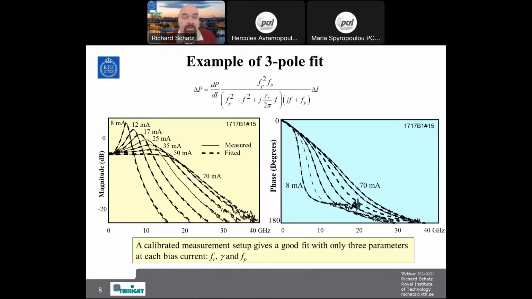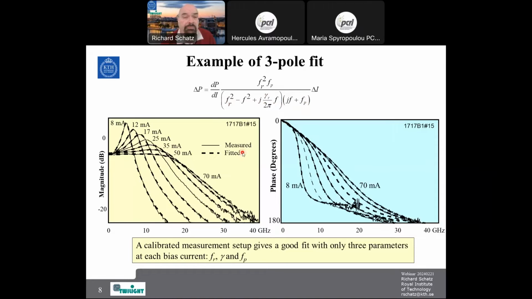And you see that if you have a well-behaved laser and you have calibrated it, this simple three-pole formula quite well describes how a directly modulated laser works. So when you do this fitting, you extract the parameters here. You extract the damping factor, the resonance frequency, and the parasitic roll-off. It's only 3 fitting parameters here.